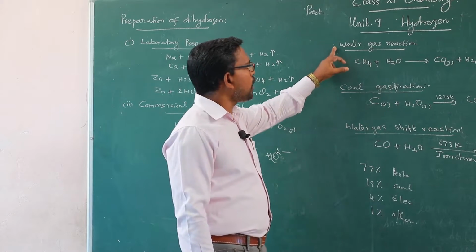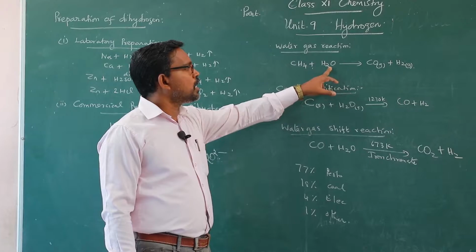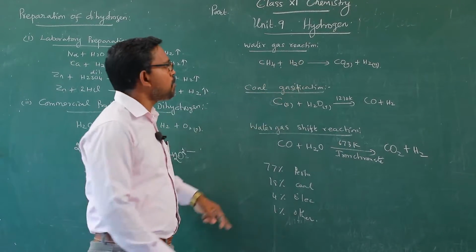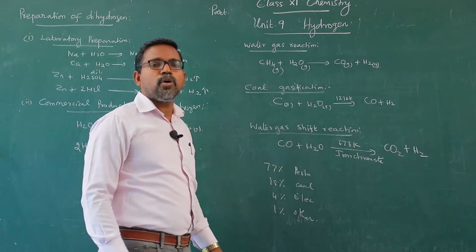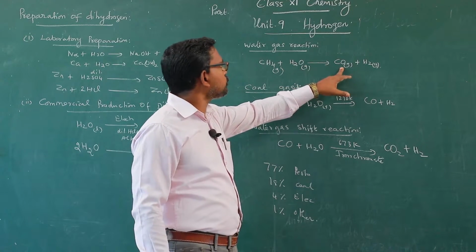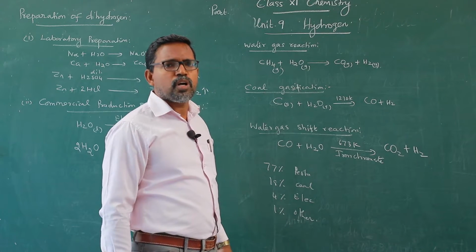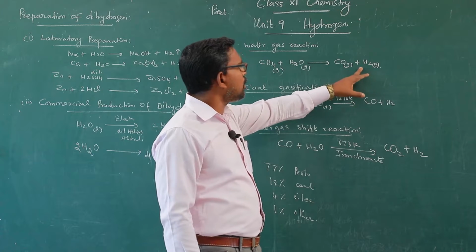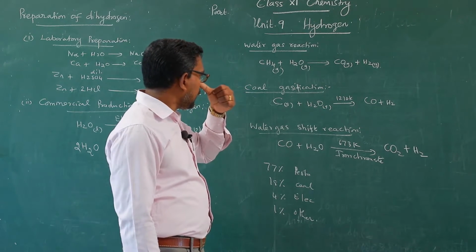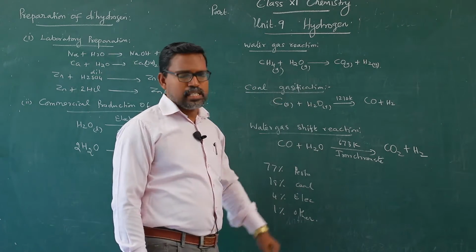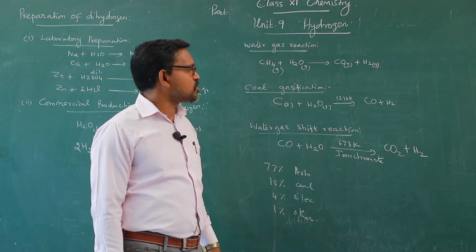Another one is the water gas reaction. Methane is treated with water in the form of steam, and it provides carbon monoxide and hydrogen. The mixture of carbon monoxide and hydrogen is called water gas. Another one is the gasification reaction, or synthesis gas, syn gas.